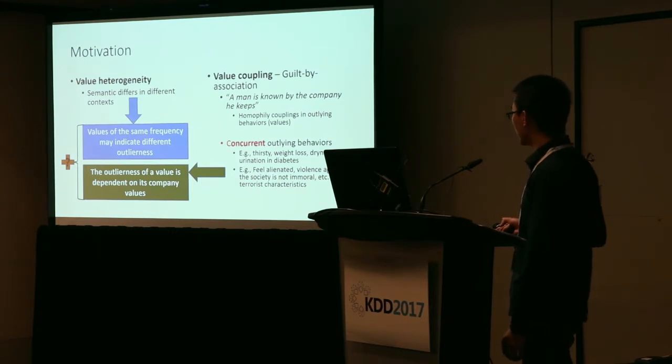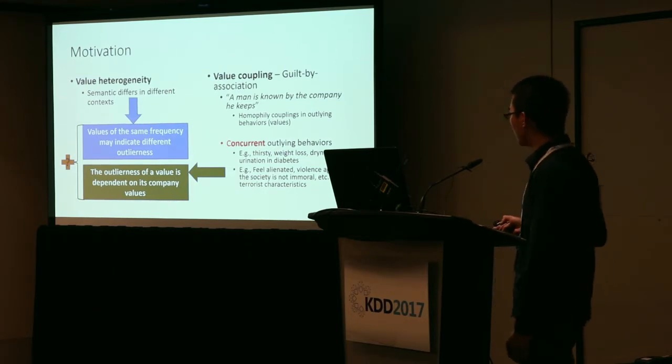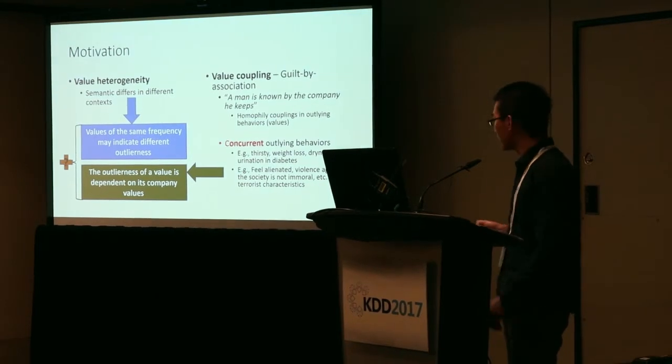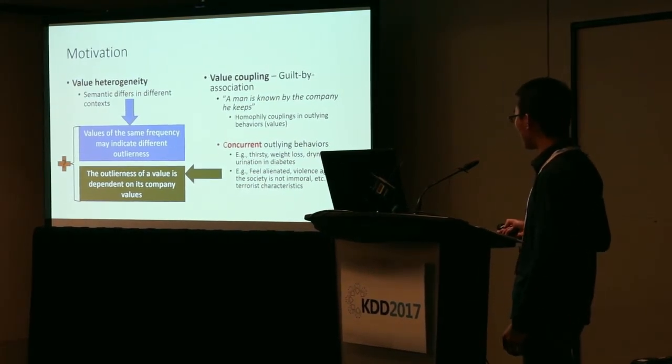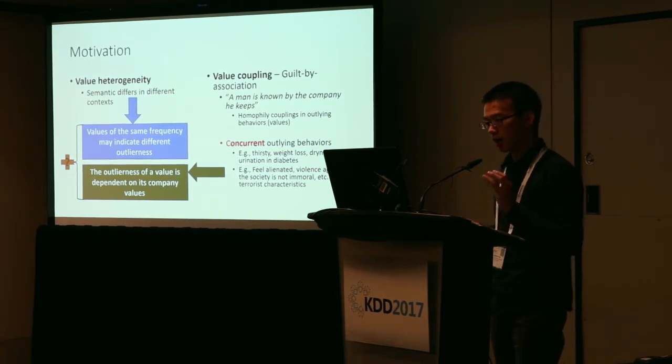Take an example here. If someone just has some sort of weight loss, but does not have the other signs, that does not make a lot of doubt on whether this person has diabetes. But if the person also has the signs of satiety, dryness and frequent urination, then the value of heavy weight loss is very likely to be an outlying behavior.